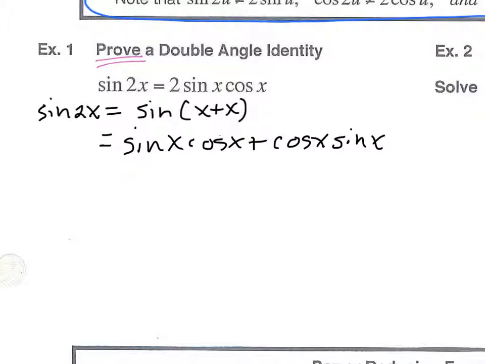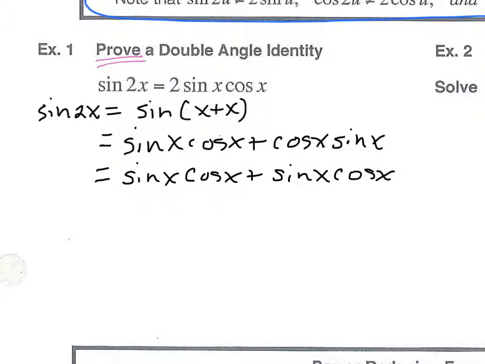Yes. Then the other thing that I want to do, and normally you wouldn't have to do this, is that this term right here and this term right here are identical terms. Would you agree that I can switch these two around and make this read sine of x cosine of x? So let's write that just for your note purposes. So we have sine of x cosine of x plus sine of x cosine of x.